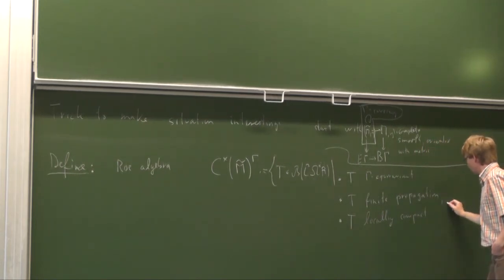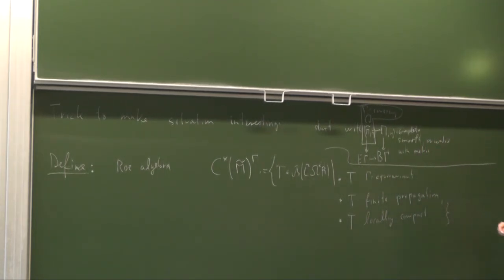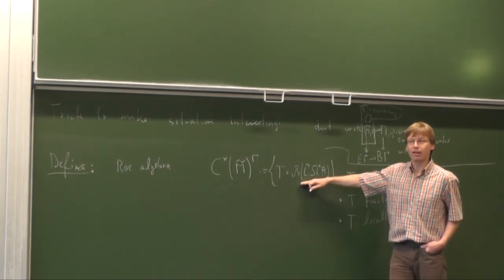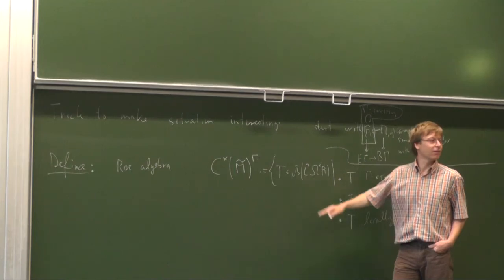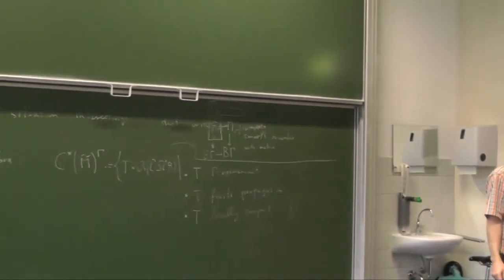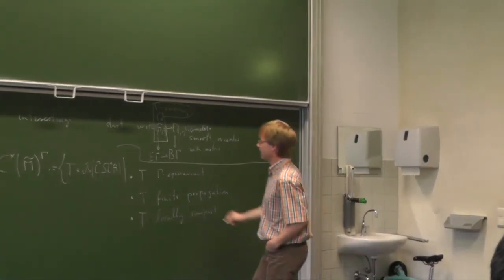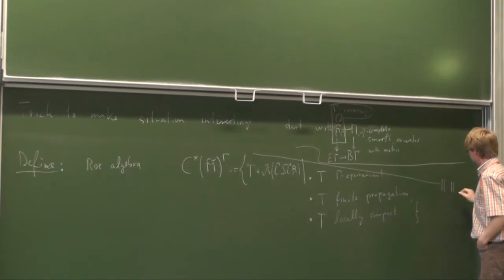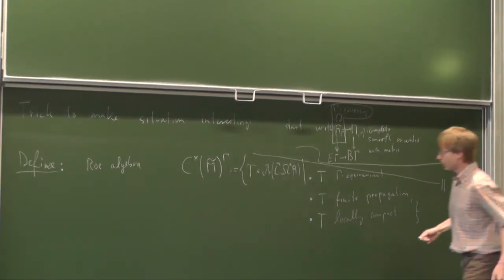I'll tell you in a second what this is. And now this is going to be a star subalgebra of all the bounded operators, but not necessarily closed. Now what are we doing to get the C-star algebra? We close that. Right. So I told you that this is going to be our method.